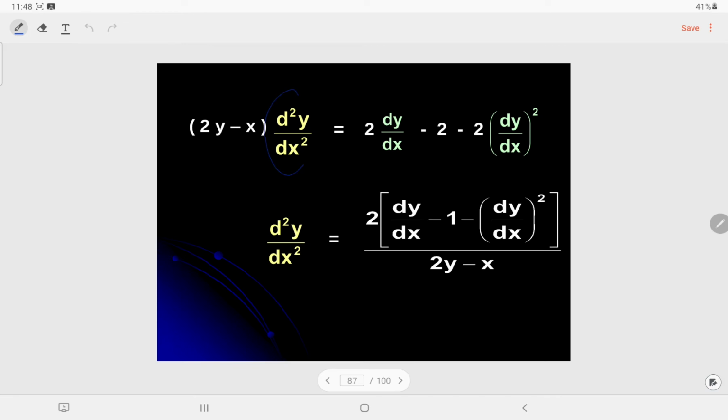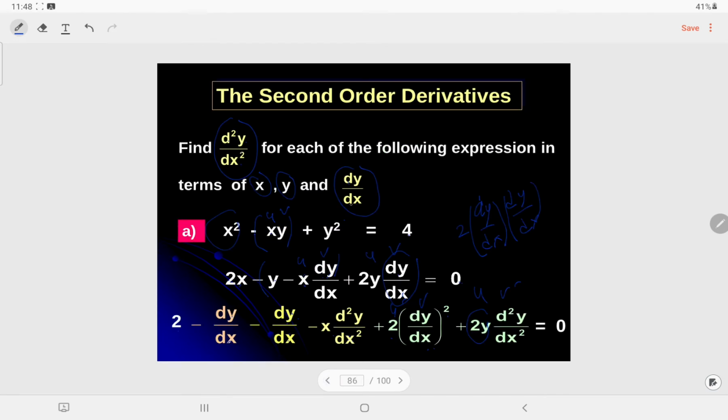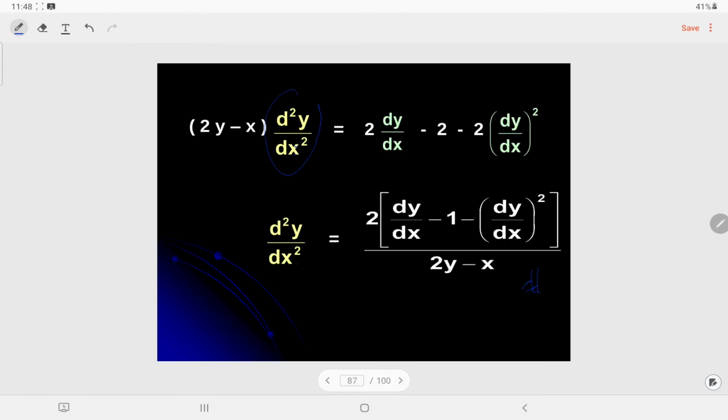So we need to factorize the variables which have the second derivative, and then move the dy over dx terms to the right hand side, so we get the final answer in terms of dy over dx, x and y.